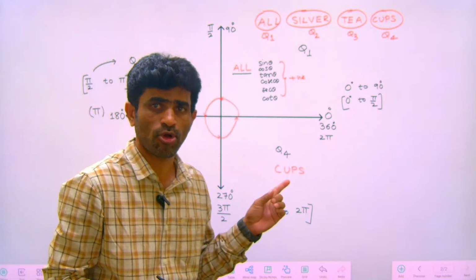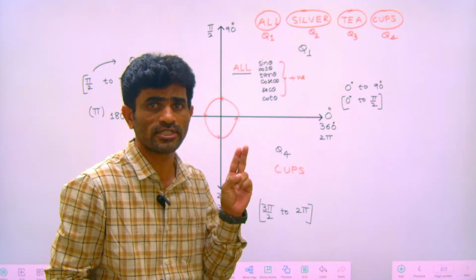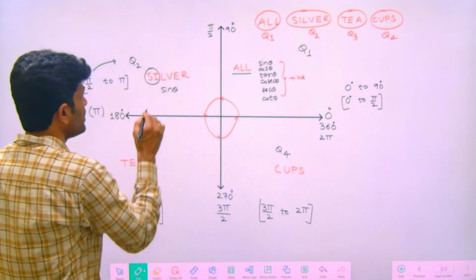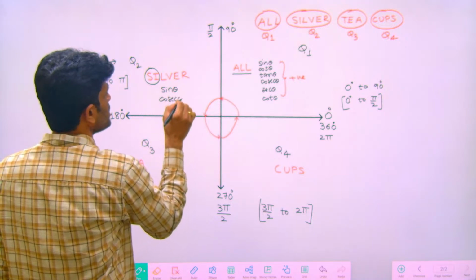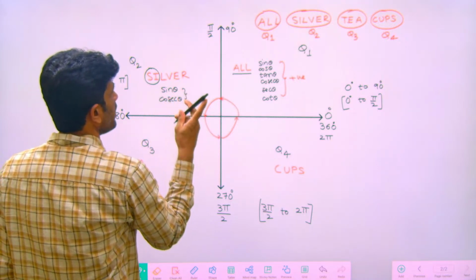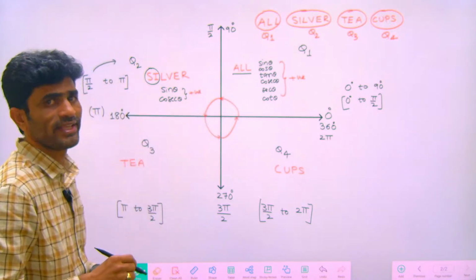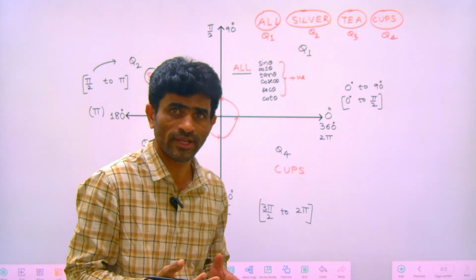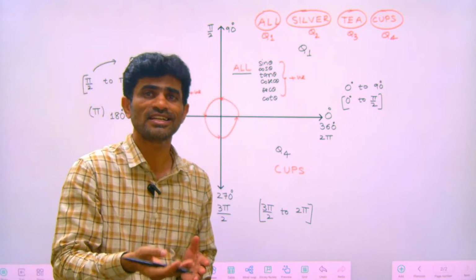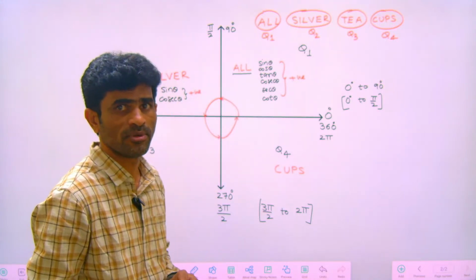Sine theta is positive and its reciprocal is cosec theta. Only these two are positive in quadrant 2. Hope you understood this. That's why we take the word silver which starts with SI. So by this word silver, SI, sin theta and its reciprocal cosec theta are positive in quadrant 2. That you have to remember.